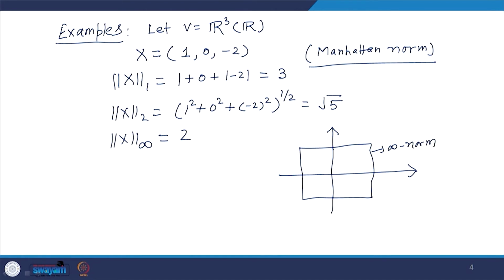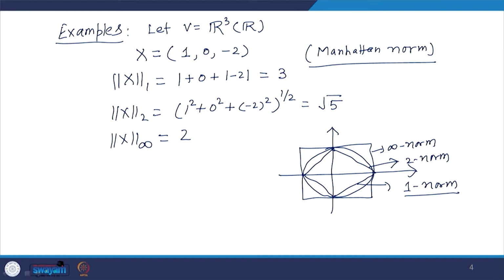If you talk about the Euclidean norm, it will be this ball here. And then your L1 norm will be like this. So, geometrically we can see these 3 norms in this way.